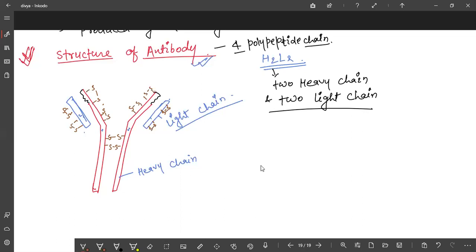Is it clear to you? So this chain will be stabilized by the disulfide linkage.